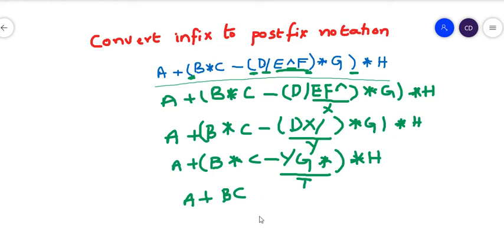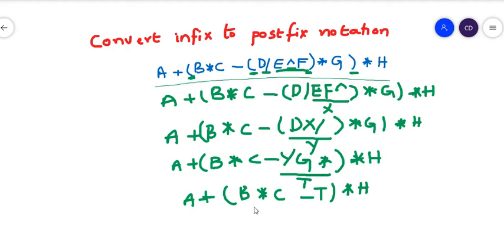Right, see here. Now you can take B in inner brackets, right? So B multiplied with C minus T multiplied with H.